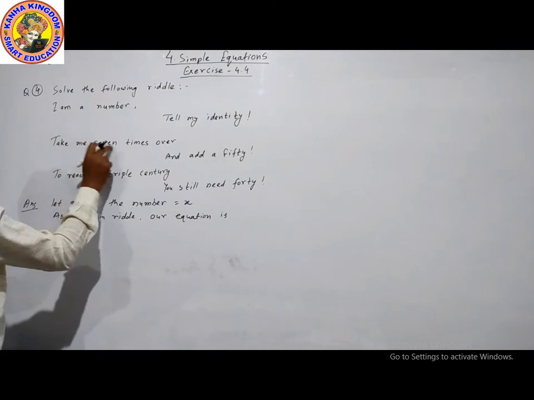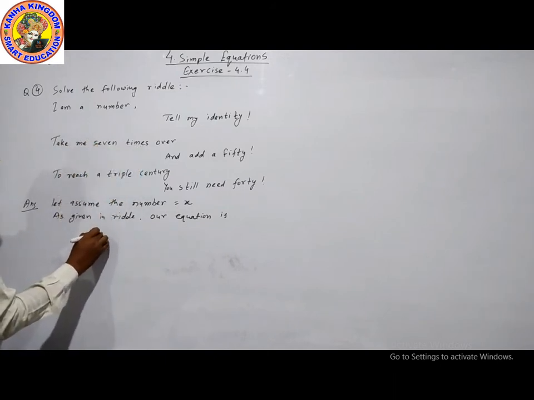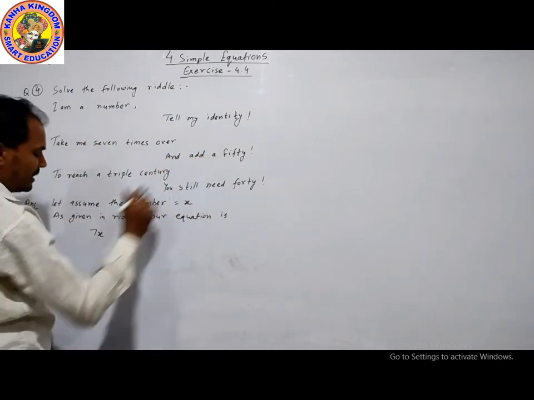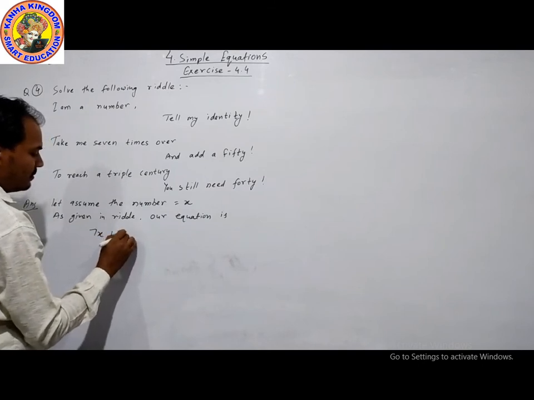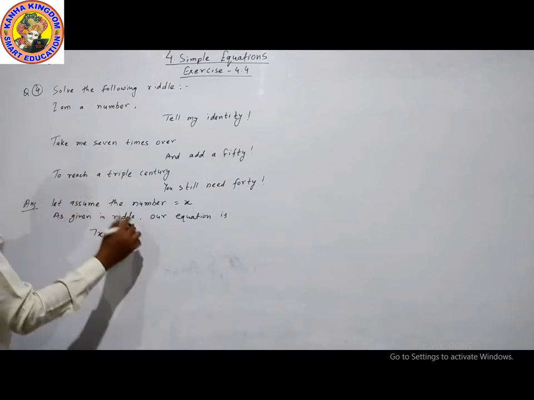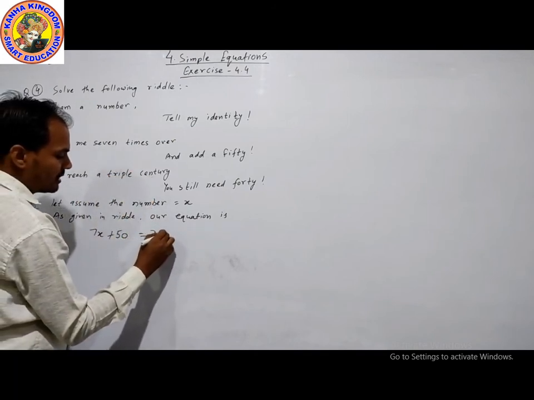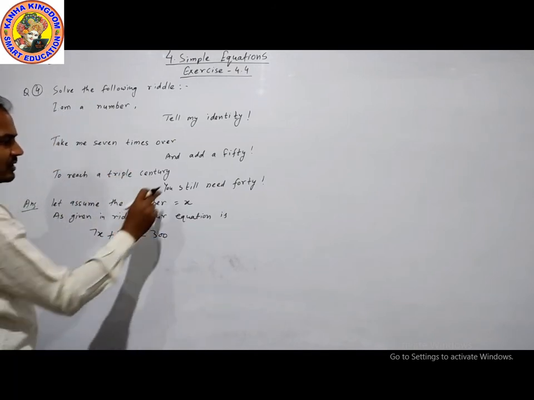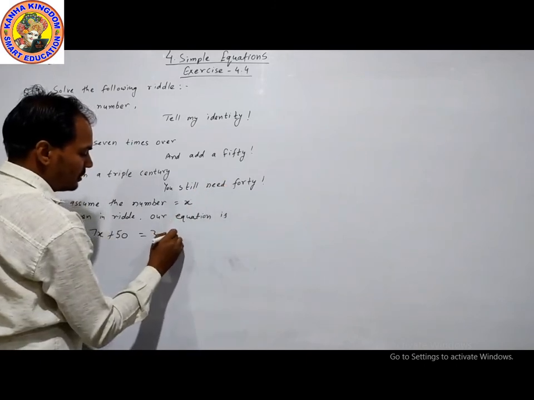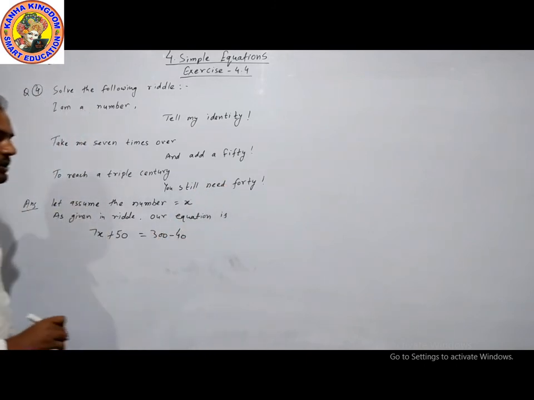Take x 7 times, 7x, and add 50 to reach the triple century, 300. You still need 40. You are 40 shorter.